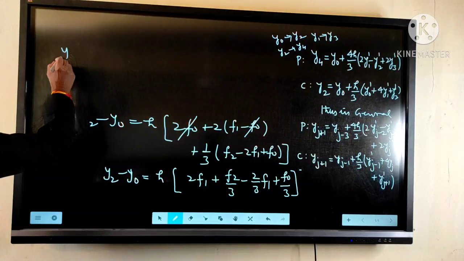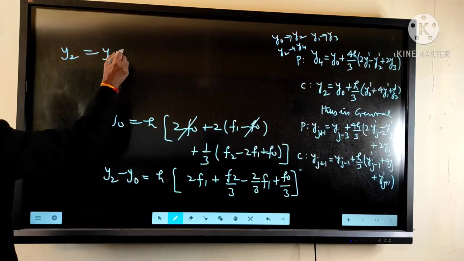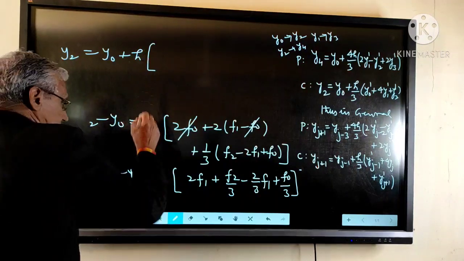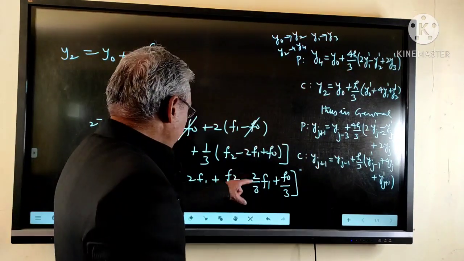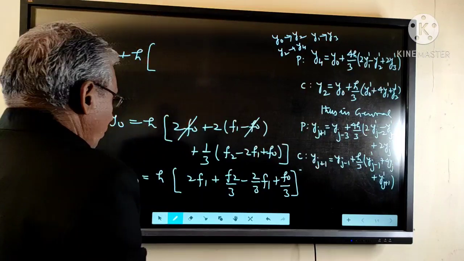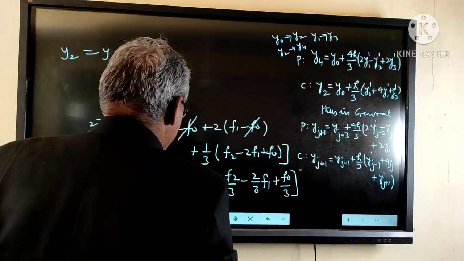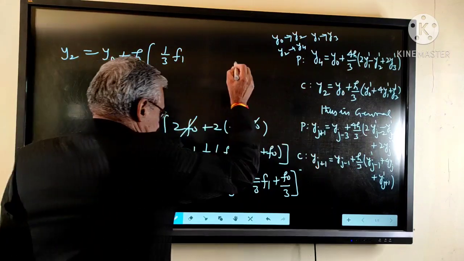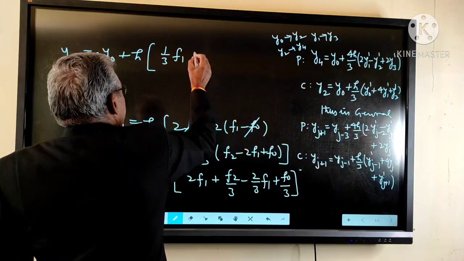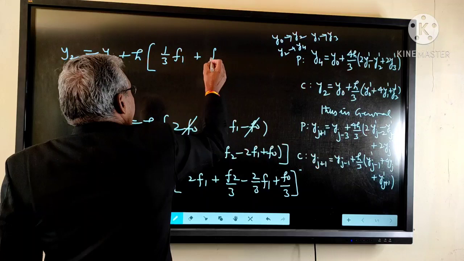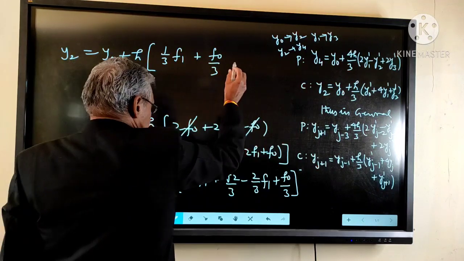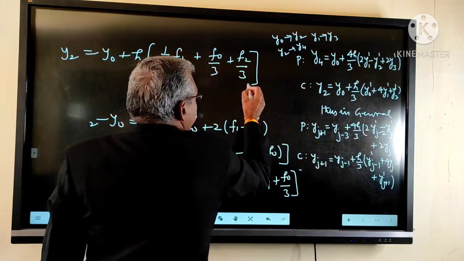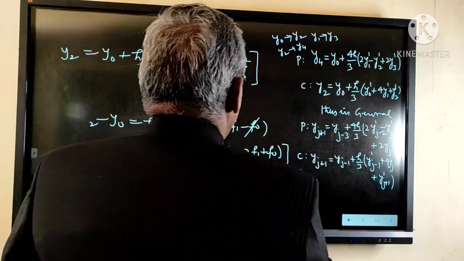This equals y2 equals y0 plus h, 2f1 minus 2 by 3 f1, which is 1 by 3 f1, plus f0 by 3 plus f2 by 3.